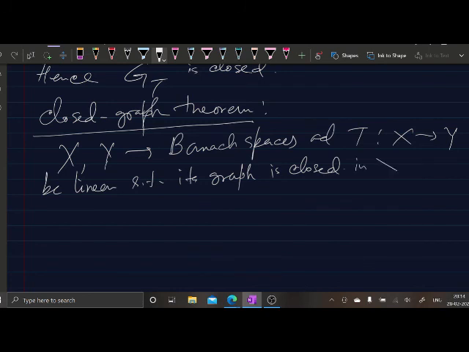Where it is closed? In the product space X cross Y. Then you can assert that T must be continuous.